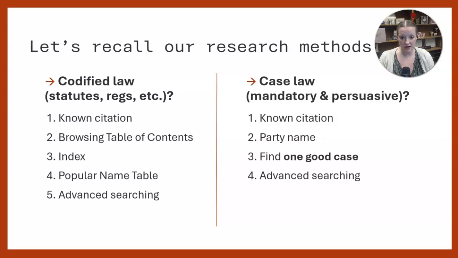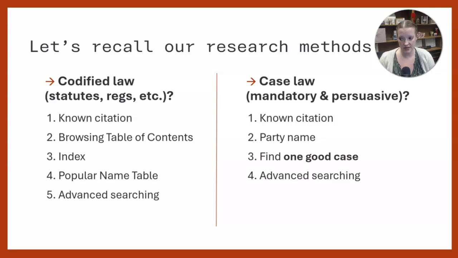In our last workshop, we looked at case law research. So we saw that, just like with codified law, with case law, we have a number of methods that we can use to get to the relevant case law that we need, whether that is mandatory or persuasive. So again, our first option was known citation.